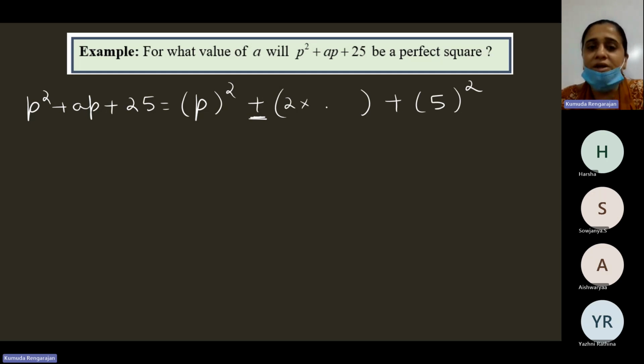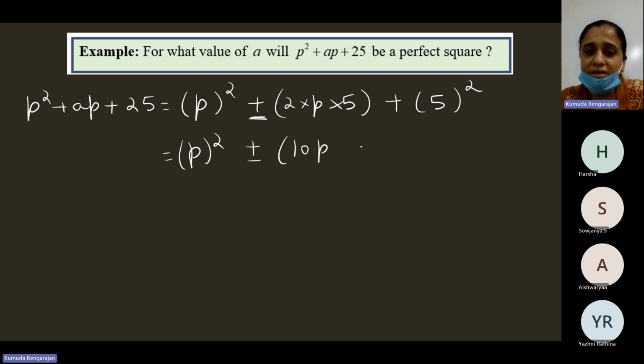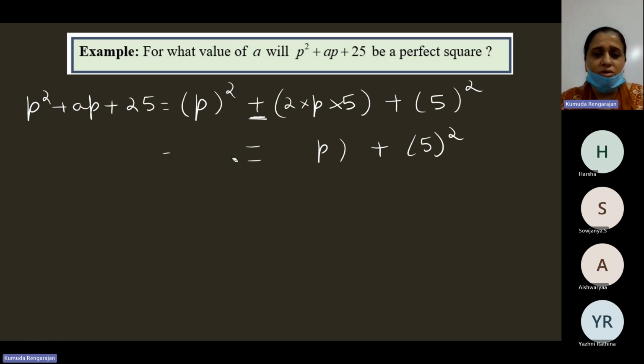Then 2 into a into b will be 2 into p into 5. Correct? So that is p the whole square plus or minus 10p plus 5 the whole square. Oh, you don't have to even write the step. It's okay if you don't write this also. What is the middle term we have then?